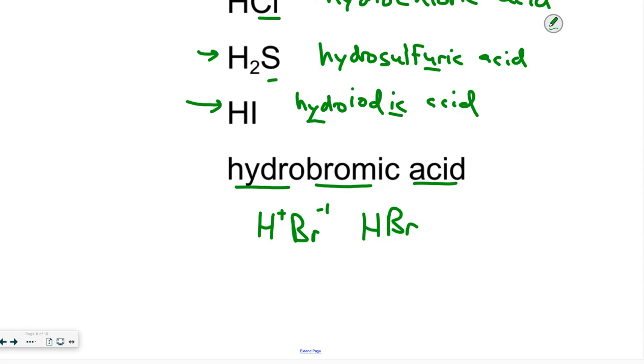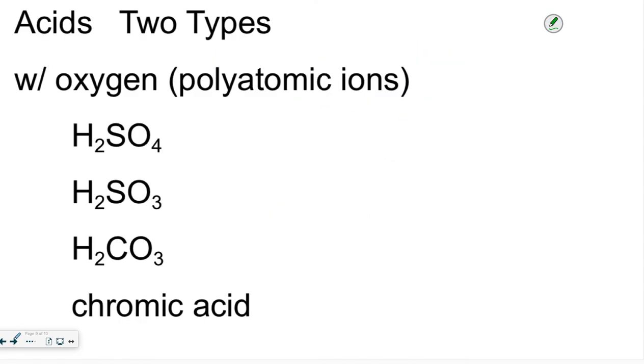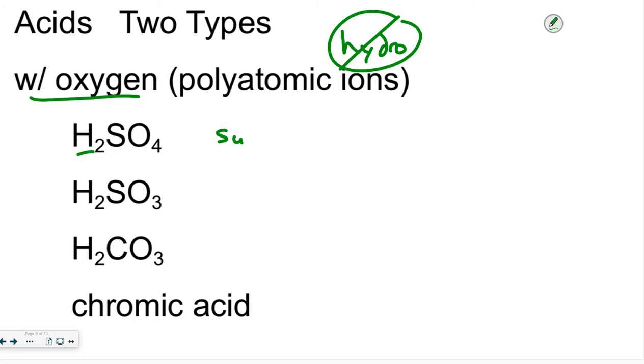Now let's take a look at the second type. The second type is a little bit more confusing, and the rules are a little bit more involved. Here I have with oxygen. So the 2 types are without oxygen and with oxygen. With oxygen, there is no hydro in front, so we can slash through hydro. Now we have polyatomic ions. Notice I have H in front, so that doesn't change anything.